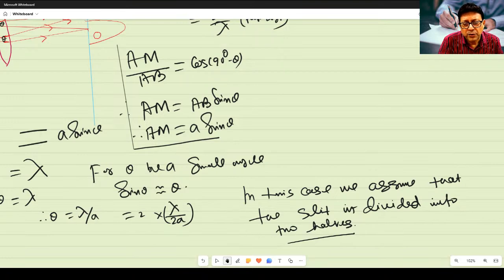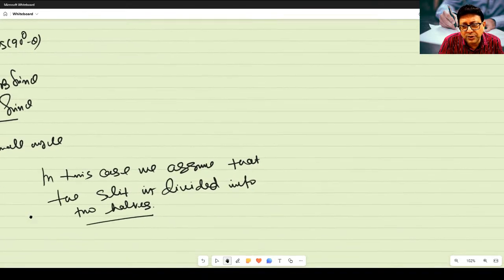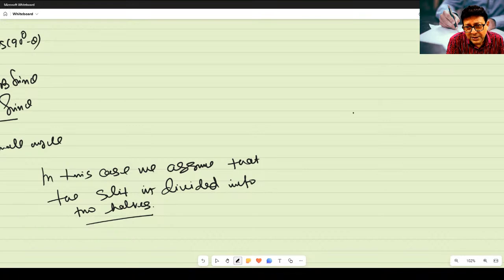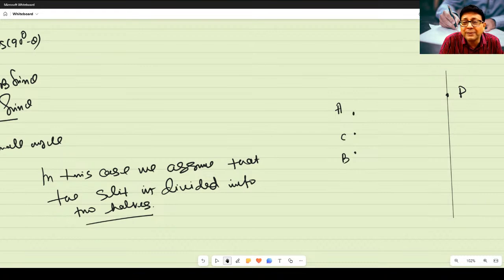Okay? Where is the slit? You remember the diagram you all have done? The slit is AB. I am taking it a bit bigger than the diagram I actually took. And we are assuming that this slit is divided into two halves, AC and CB. And I am going to explain that at the point P on the screen, a minima is formed. Why will the minima be there?